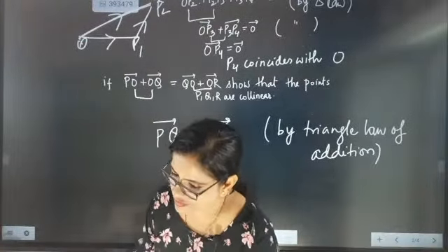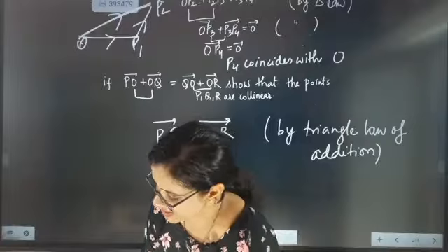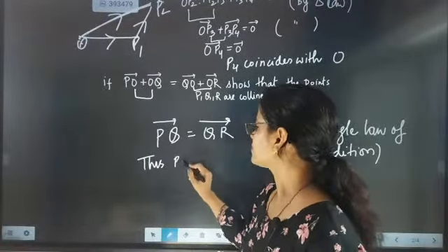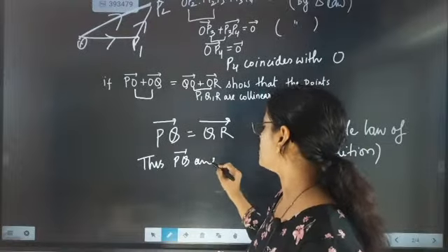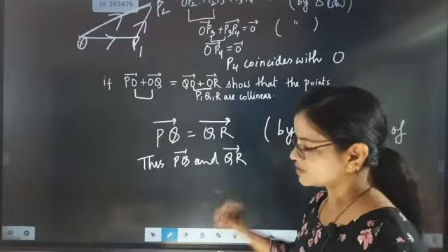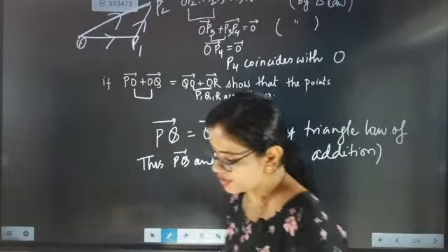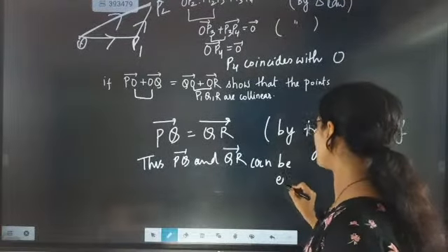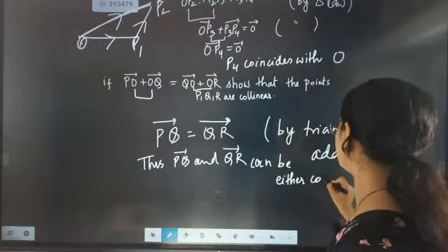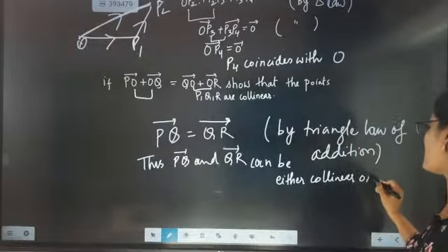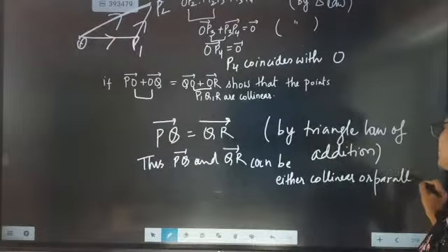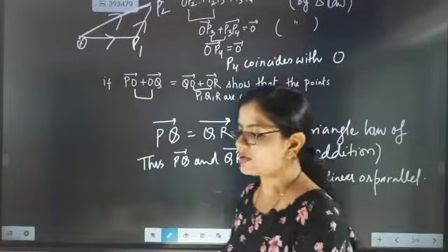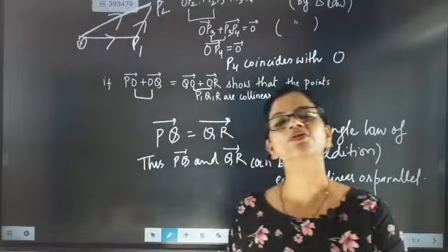PQ vector will be equal to QR vector, and after that we say that thus PQ vector and QR vector can be either collinear or parallel. Both can be possible, but since Q is the common point, it will not be parallel, it will be collinear.